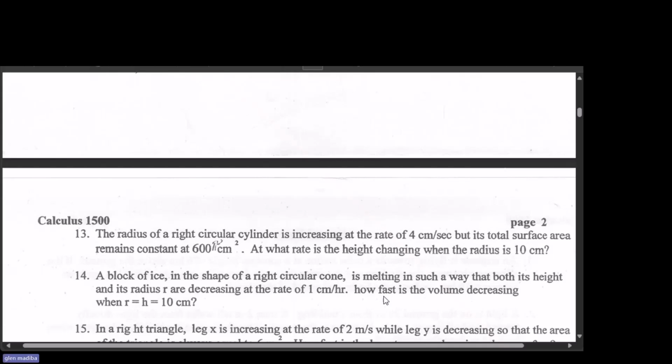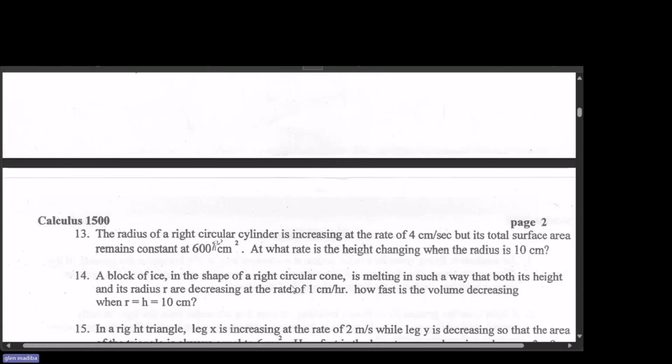This is how I approached it. I said volume is given by pi over 3 r squared h. And then, what do we know? What do I know from here?